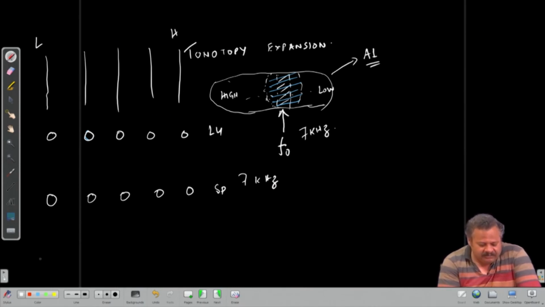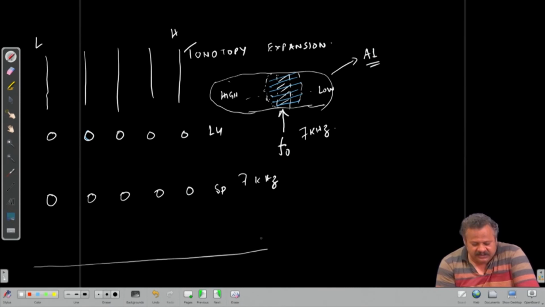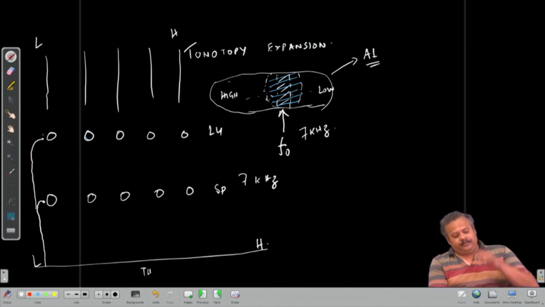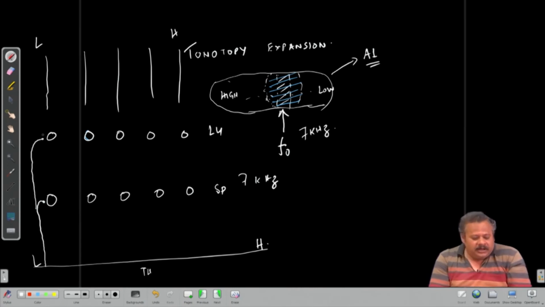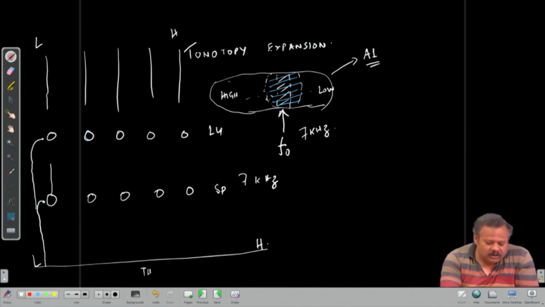Repeating the same circuitry, we have the thalamus, with low frequencies to high frequencies on the two ends, and inputs from here come and project onto the subplate neurons, and then a weak input goes onto the layer 4 neurons, and there is a strong input from the subplate neuron to the layer 4 neuron, and this kind of thing is present across the frequencies.